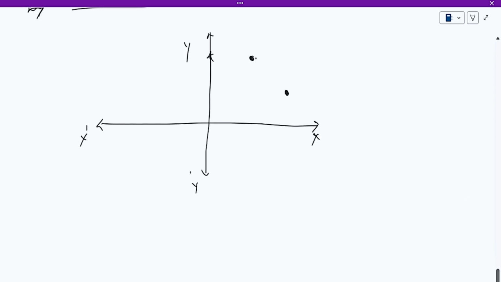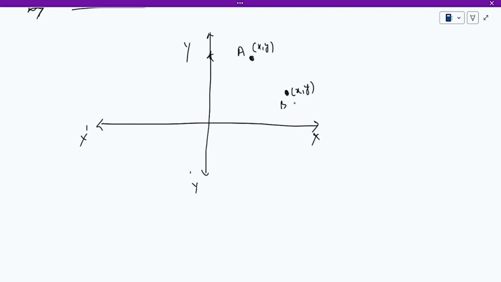As I said, every point has two components, x component and y component, or you can say x coordinate, y coordinate. So this is point A, this is point B. If I write x comma y for both, it is very difficult to differentiate between these 2 points.